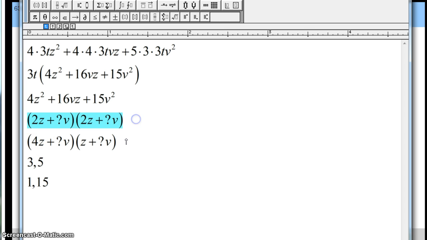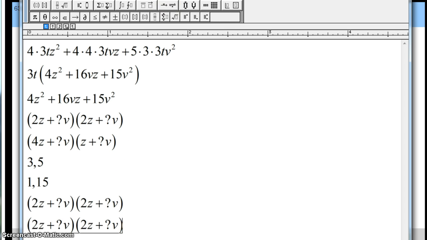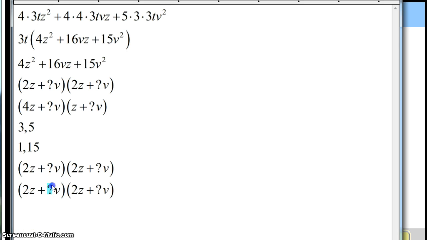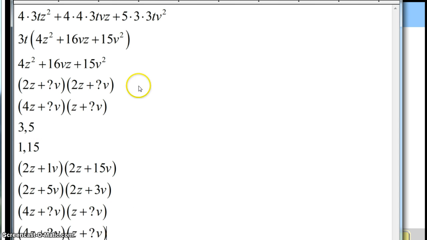Let's copy this. It can either look like this twice, so we have 5 and 3, 5 and 3, or 1 and 15. So this is one possibility, and the other possibility is that into this, and there's going to be a lot of these. So it's going to be like that, like that.